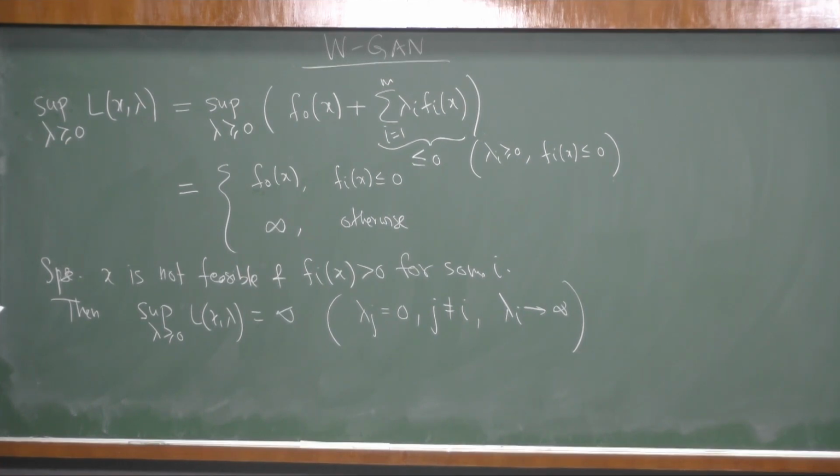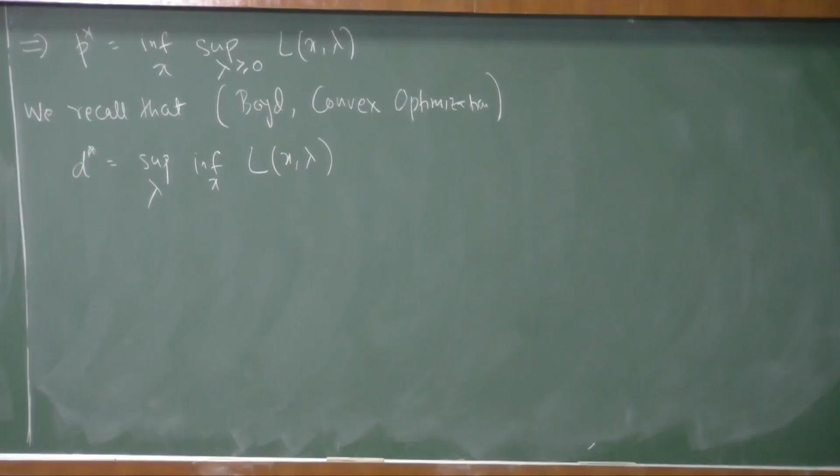Obviously from here, if strong duality holds, we can do both the cases. Weak duality told us that d star is less than or equal to p star. In that case, sup inf must be less than or equal to inf sup.